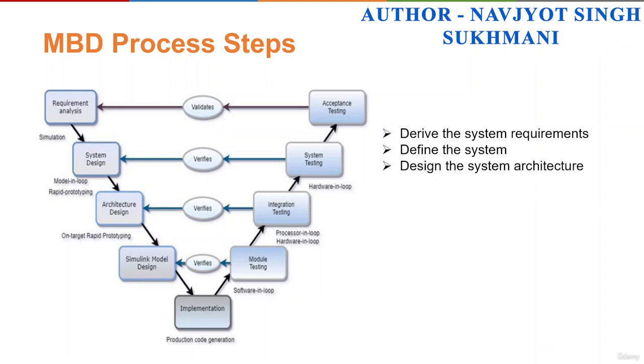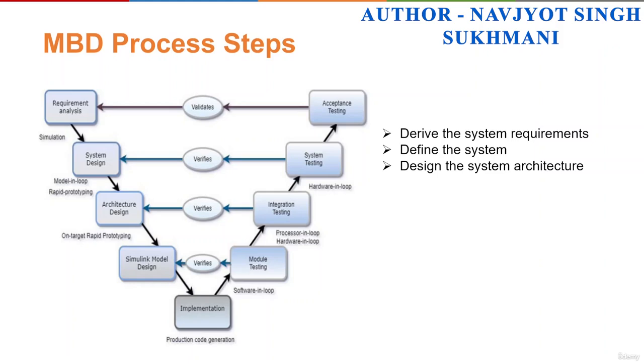So next is define the system architecture. In this third step, what is define the system architecture? The system architecture is described by elaborating the system components in detail. These components are broken into hierarchical model components or subsystems covering their functional and physical behavior for enhanced maintainability.